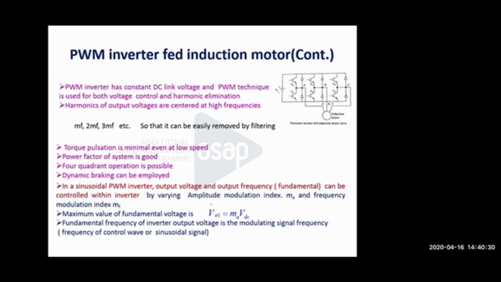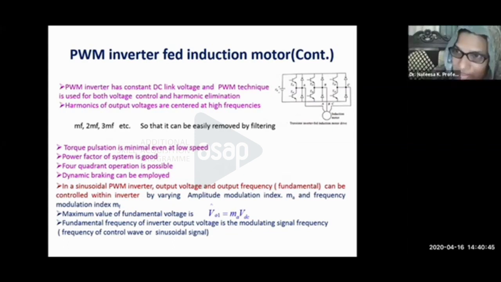Ma'am, in the first session we were varying the voltage below base speed. Then how is V by F constant when we are varying the voltage? V by F is not constant when we are varying the voltage alone. Only when we vary the voltage and frequency simultaneously is V by F maintained constant.